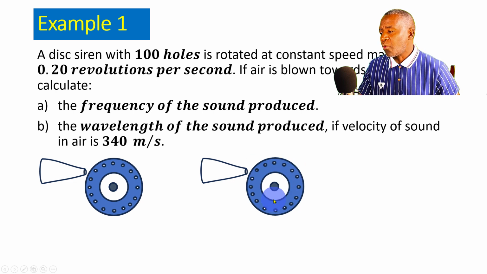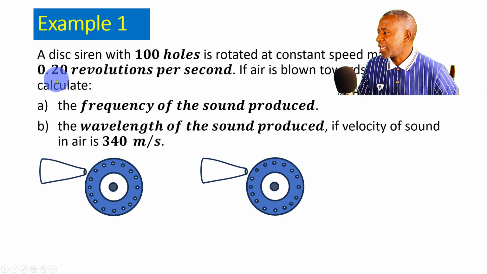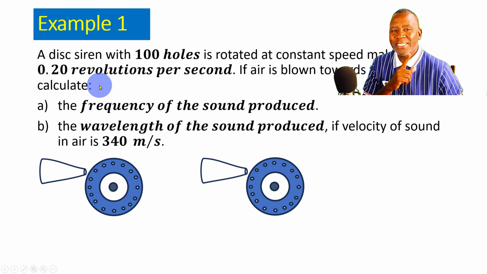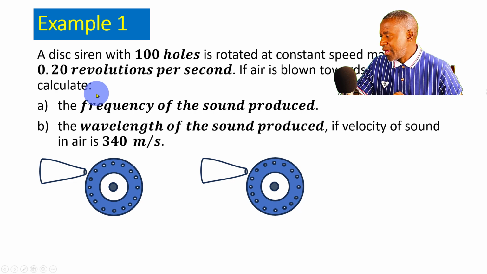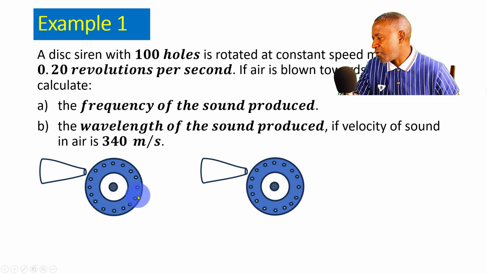Let's assume that it makes 1 revolution per second. So the number of holes which are going to interrupt that particular sound will be, let's start counting from here: 1, 2, 3, 4, 5, 6, 7, 8, 9, 10, 11, 12, 13, 14, 15, 16.